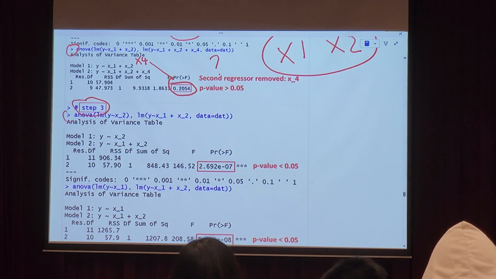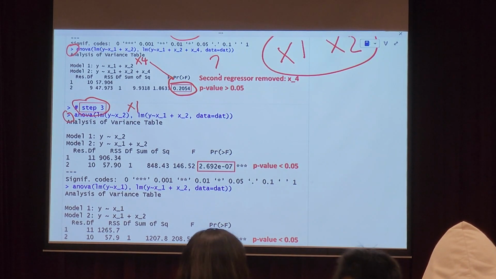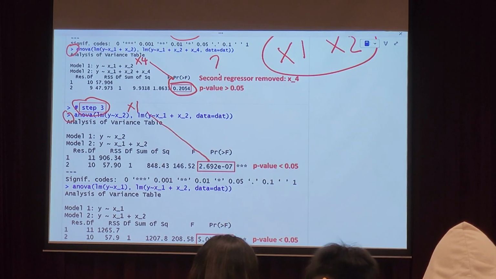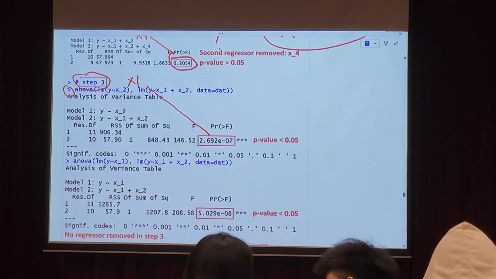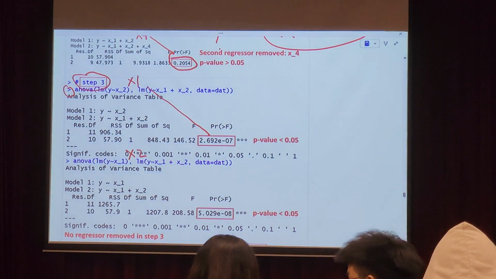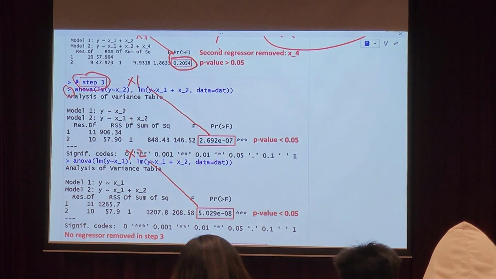We consider removing x1. What's the contribution of x1 after we have included x2? And the p-value is very small. Or we can consider the contribution of x2 after we have fitted x1. Again, the p-value is very small.